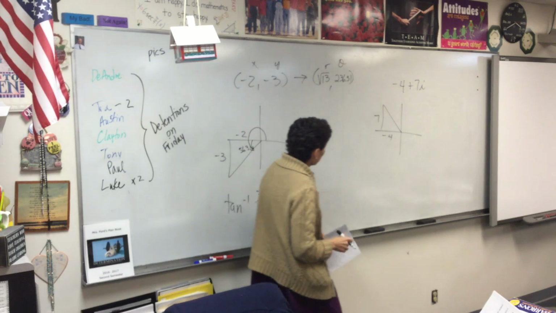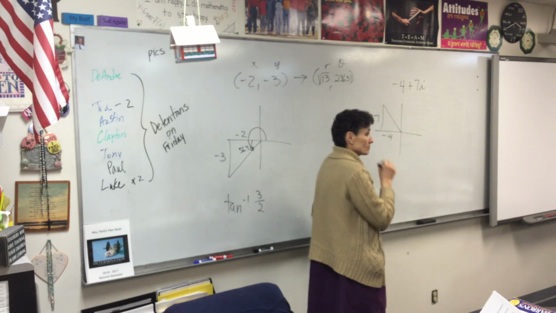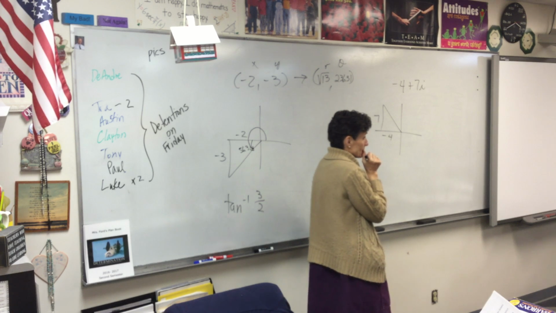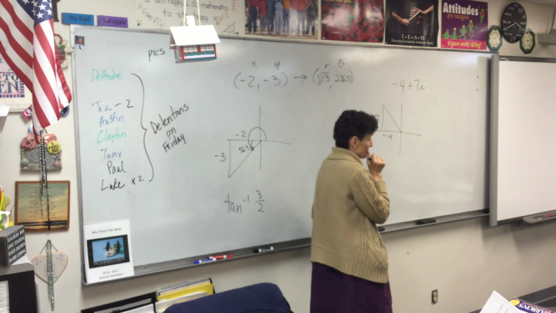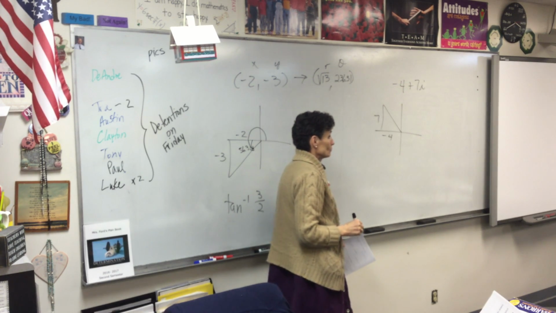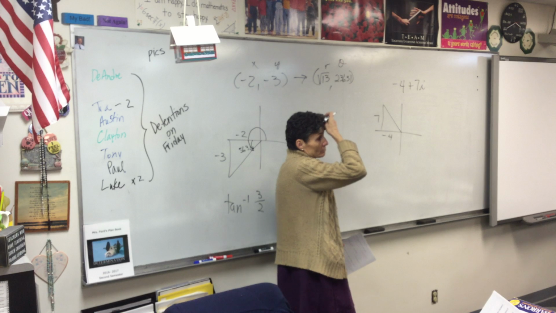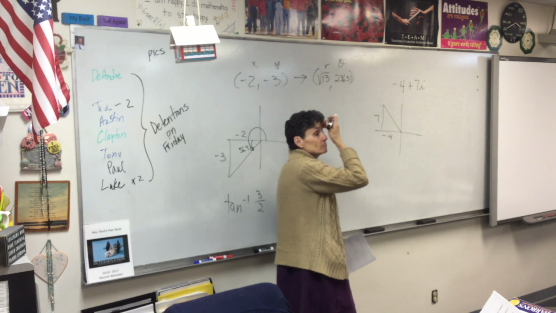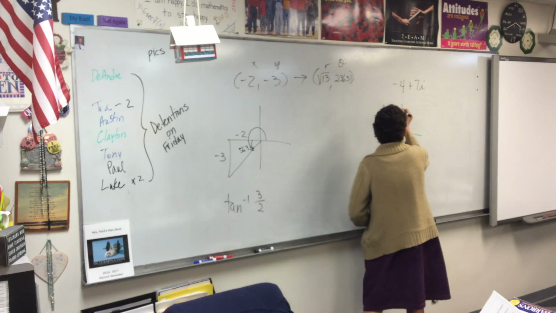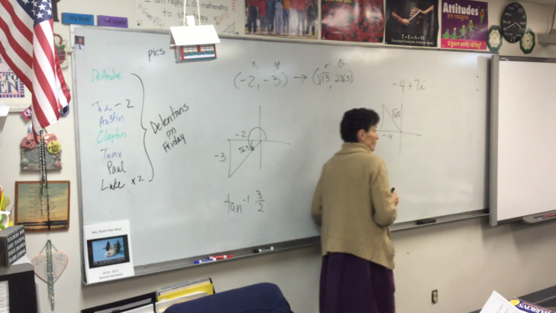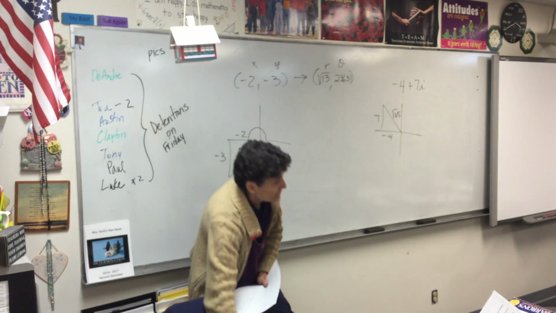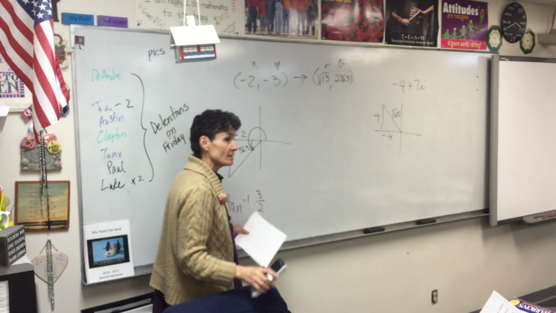So what's my R? Robbie, what's my R? This is my R. Calculator, Robbie. 65. Square root of 65 is your R. Now I need my theta, and I'm going to find it exactly like I did this one.